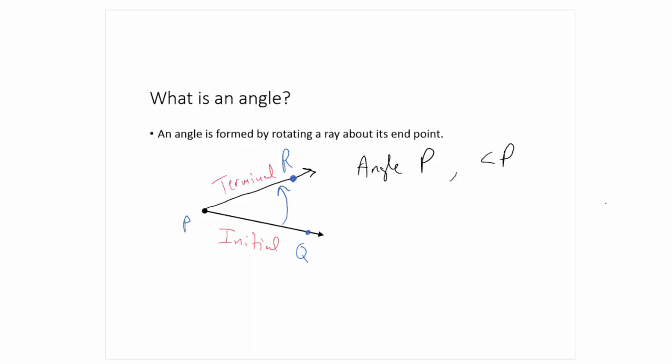Since we have three different letters, I could call it angle RPQ, so that the endpoint, P, is now the vertex of the angle. And so we can name it either by the vertex, angle P, or by three letters, angle RPQ. What's important is that the vertex must be the middle letter if we're naming it by three letters. And so I could also name it angle QPR.